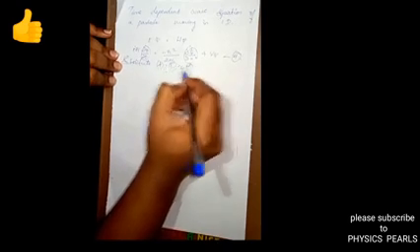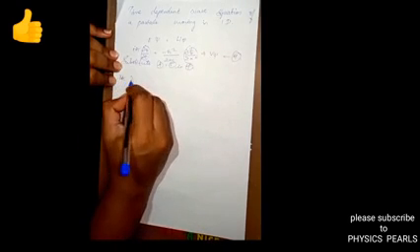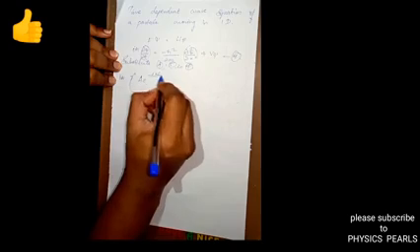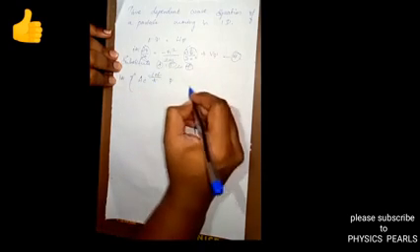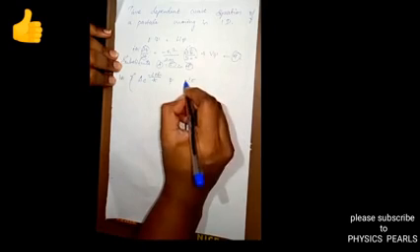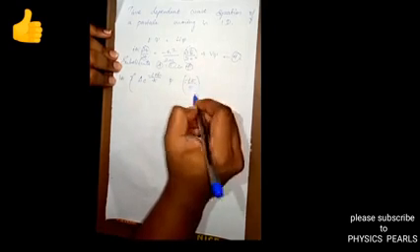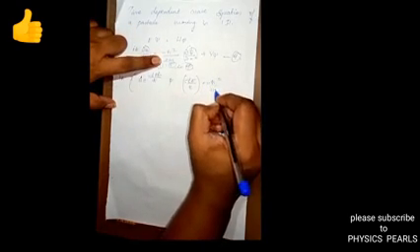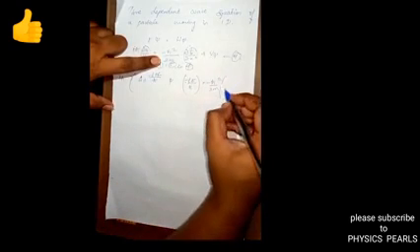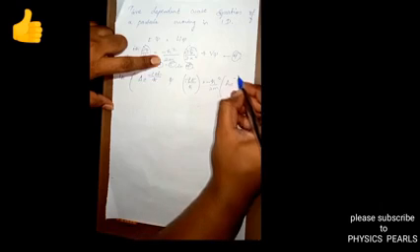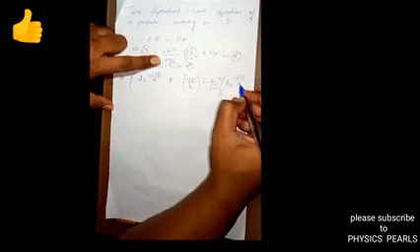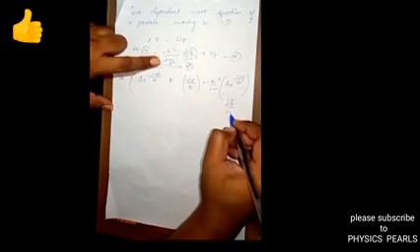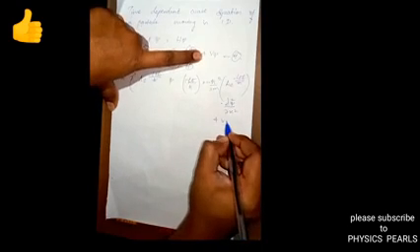So it takes the form i h cross A e power minus iEt by h cross psi times minus iE by h cross is equal to minus h cross square by 2m into A e power minus iEt by h cross into dou square psi by dou x square plus V psi.